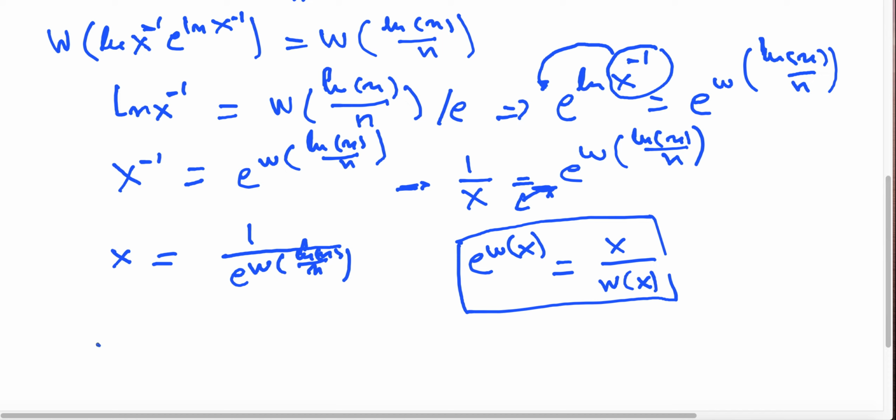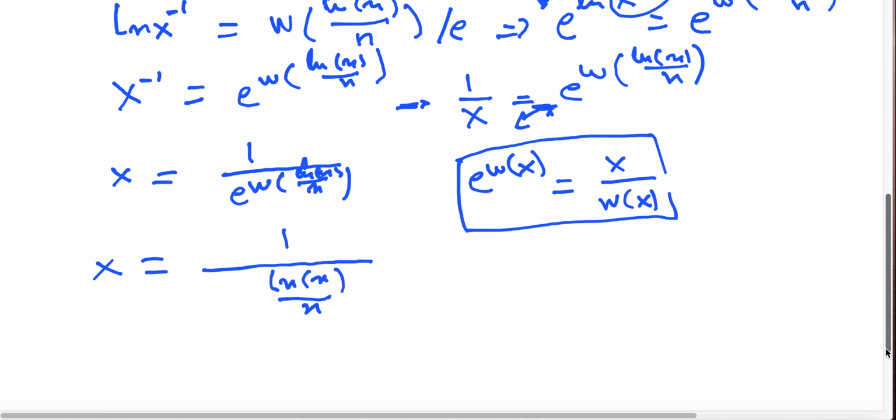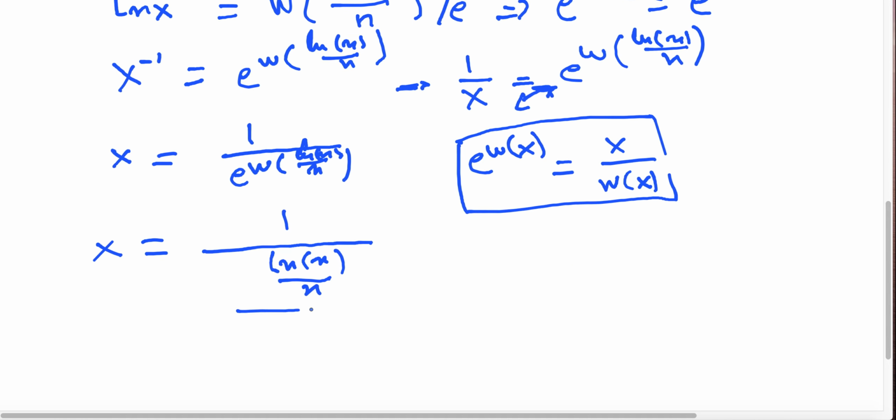And if I plug it in here, I get this form. Here is 1, and instead of e^(W of ln n) divided by n, I can write ln n divided by n, and everything is divided by W of (ln n divided by n).